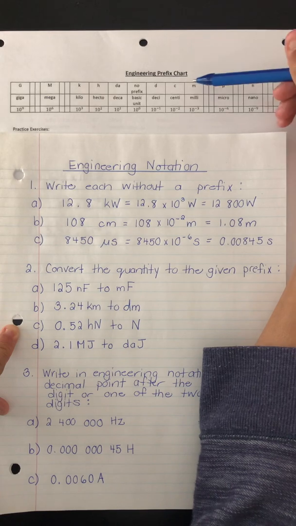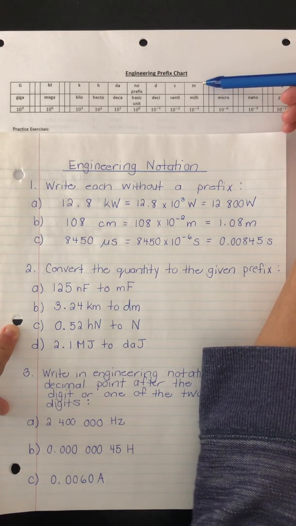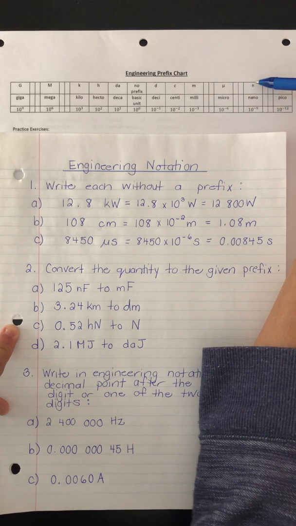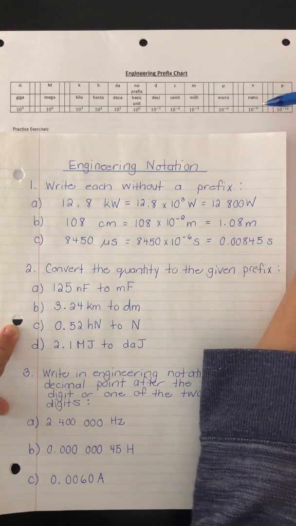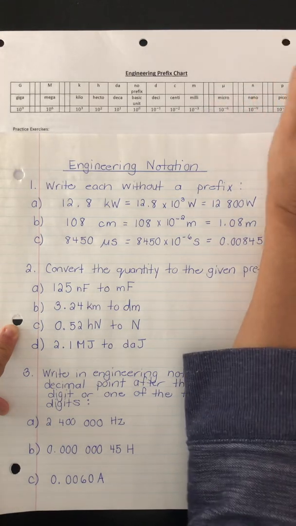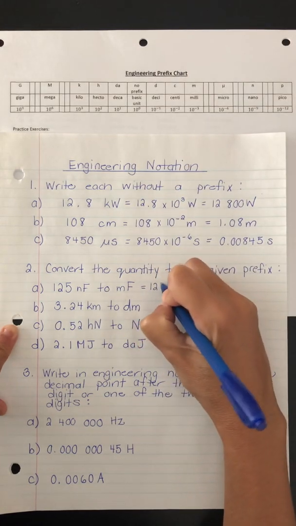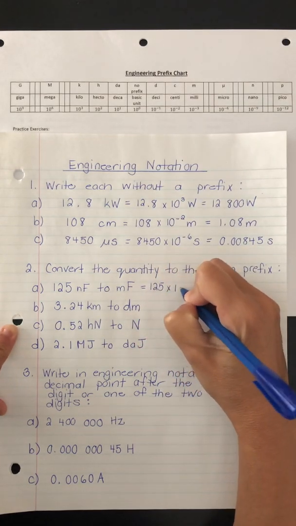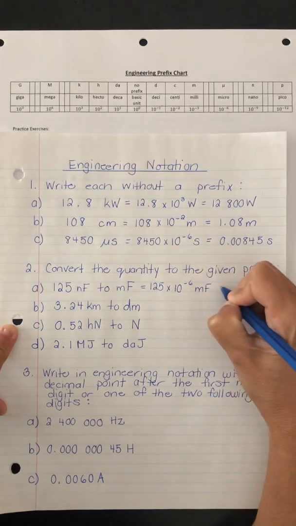From nano to milli, we are moving left. So that is in effect what we're going to be doing with the decimal. We're going to be moving it left. How many places? From negative 9 to negative 3, this is 6 places. So what we have is 125 times 10 to the negative 6 millifarads.